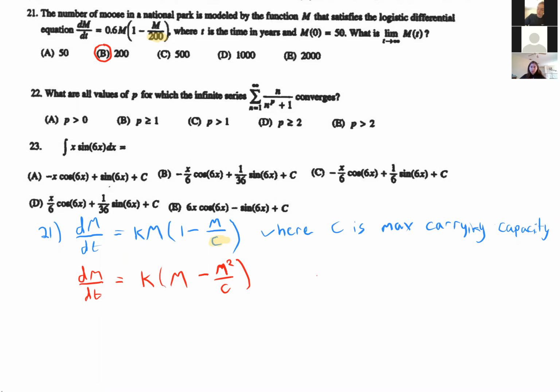All right, thank you. How do you know that it increases to the carrying capacity? Like, how do you know whether or not the population will increase or decrease? Anytime it's a logistic differential equation, you can say it's proportional to the population and the carrying capacity minus the population.